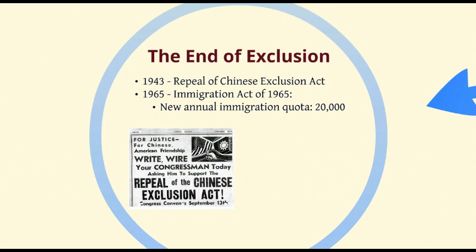So it essentially made things fair for all countries and brought about this whole new era of immigration, not only from China, but obviously from many other countries, particularly those of Southeast Asia, eventually Korea, and then of course our closest neighbor, Mexico.